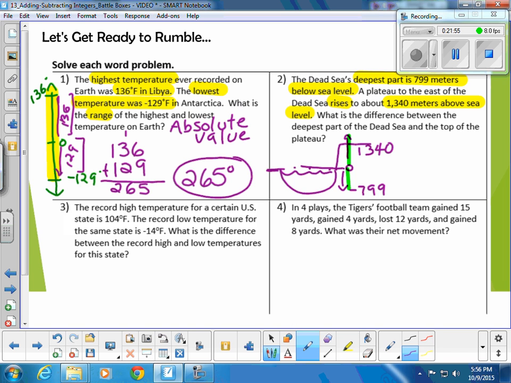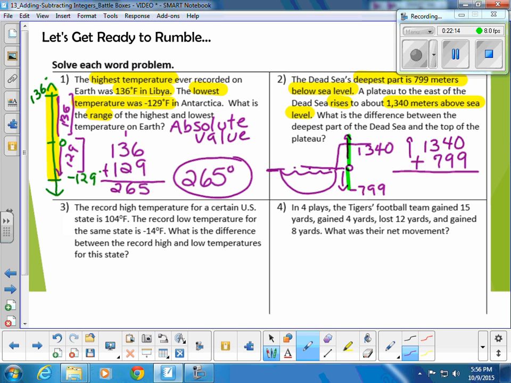So I have a distance going this way of 1,340, and the distance, even though it's going to the negative, is absolute value, so it's always positive, and that's 799. And what would I do with those?